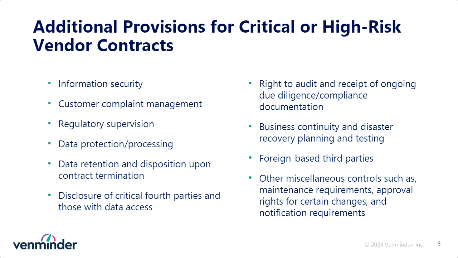Maybe you're working with a vendor that has access to credit card data. In that case, you would want to be sure you are getting PCI compliance on an annual basis and the certification around that. And again, because this is a critical vendor, you want to make sure you are working with a vendor who has a very solid and tested business continuity and disaster recovery plan, and that you have access to those.